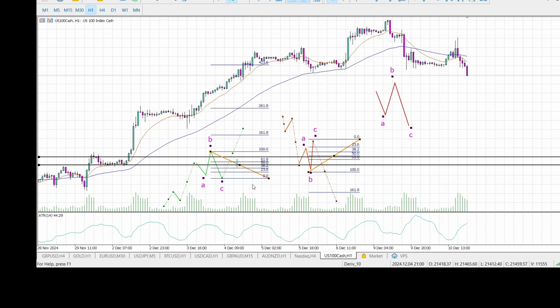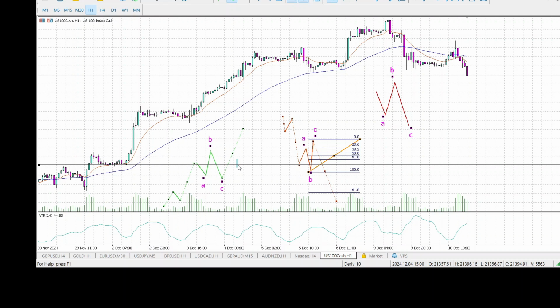That is 50%. This is 0, 25, 38, 50, 61, 78 is somewhere here. So once you have your trend line there, let me delete this. I'll also delete this one.